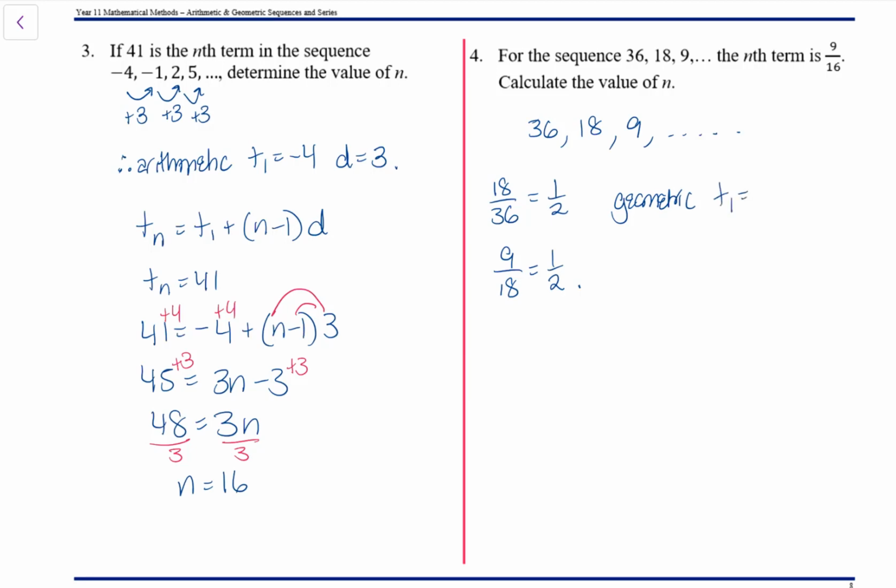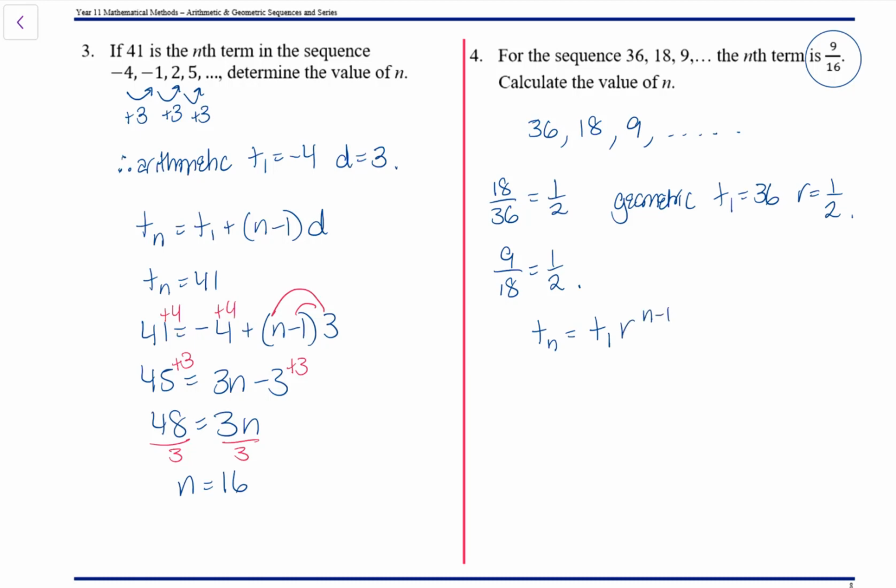Our T1, our first term, is 36, and our r is a half. Leave it as a fraction because it's told you the nth term is 9 over 16. So T of n is T of 1 times r to the n minus 1.